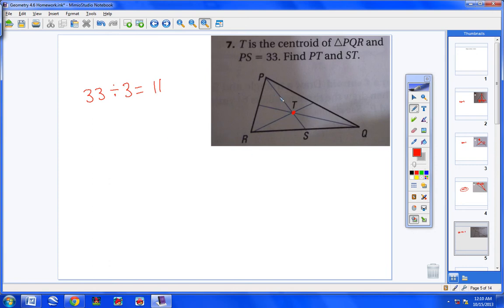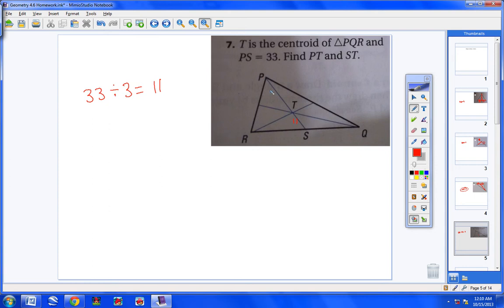And that will give you 1/3. Okay? So remember, the part of the median from the vertex to the centroid is always 2/3. And then of course the shorter part of your median is always 1/3. So when I tell you to take the total 33 and divide it by 3 and get 11, that's 1/3. So we know that the smaller segment, the 1/3, is 11.